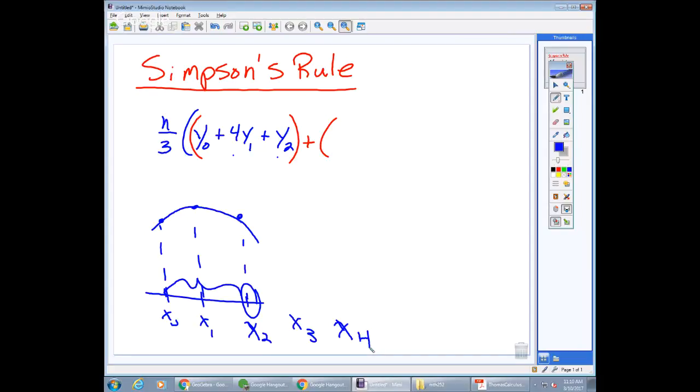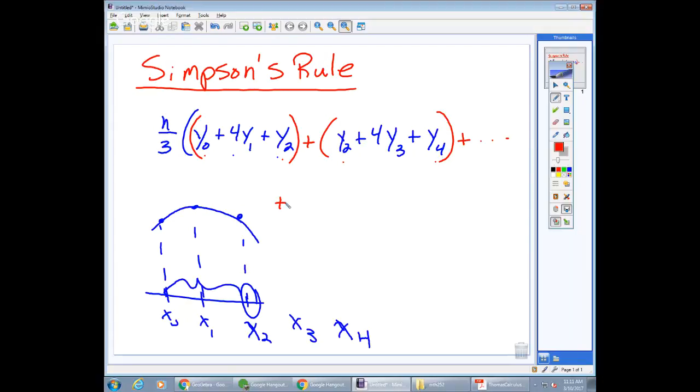So the next grouping will be y2 plus 4 y3 plus y4. Notice every time that evenness that I was talking about, right? Because we've got to grab 2 intervals. 0 is an even number, 2 is an even number, 2 is an even number, 4 is an even number. Always works that way as you move along. Okay. And so you just keep adding these up.